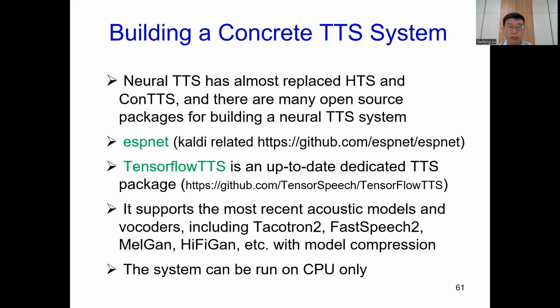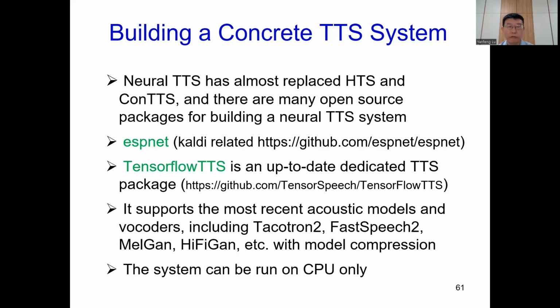ESPnet. This is a very comprehensive package. It's built by the same group who built Kaldi. Kaldi is only for automatic speech recognition, whereas ESPnet also has many other features, including TTS and voice conversion and many others.